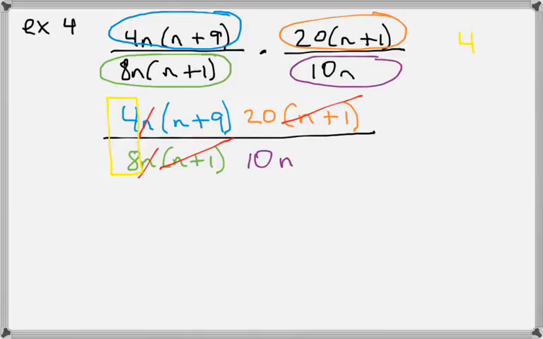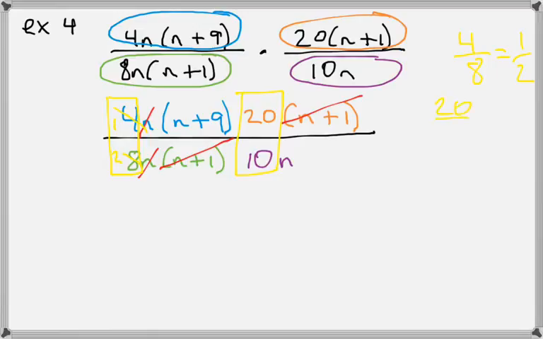So if you remember simplifying fractions, a 4/8 simplifies to a 1/2 because both top and bottom are divisible by 4. So I can replace that top 4 with a 1 and that bottom 8 with a 2. And then if I look over here, I have a 20/10.